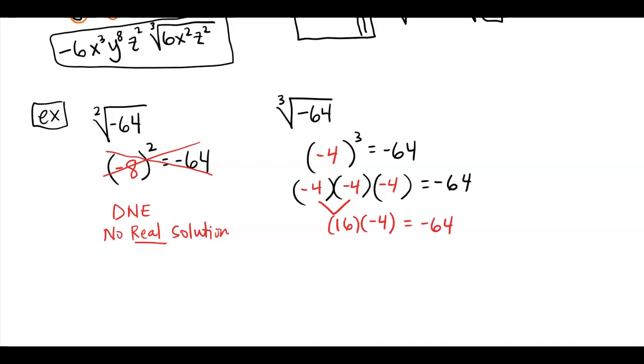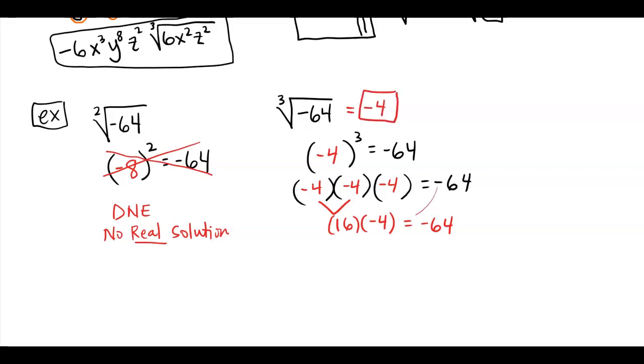So I can end up with a negative number when it is a cubed root or a fifth root, anything that's an odd root. I can find the answer for those. So the answer to this would just be negative 4.